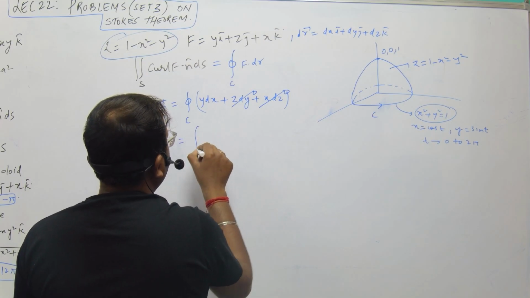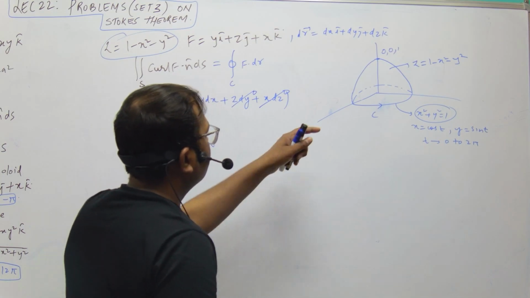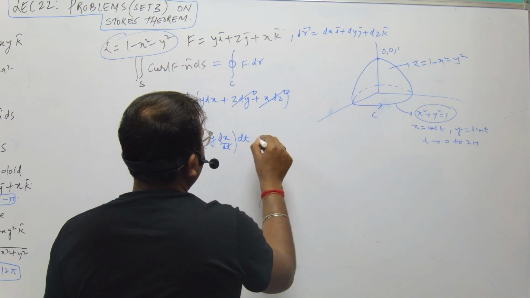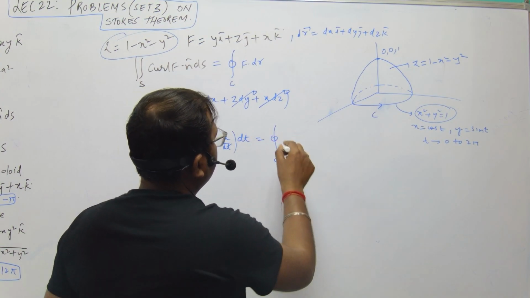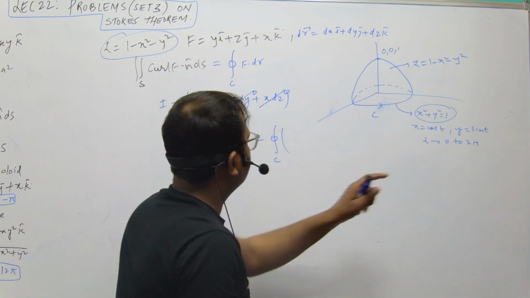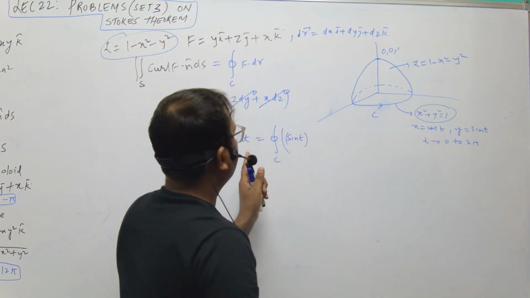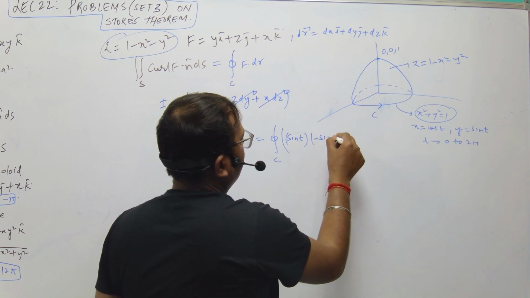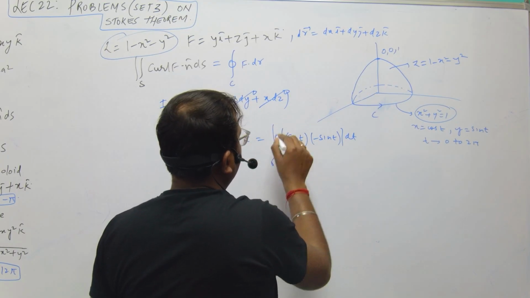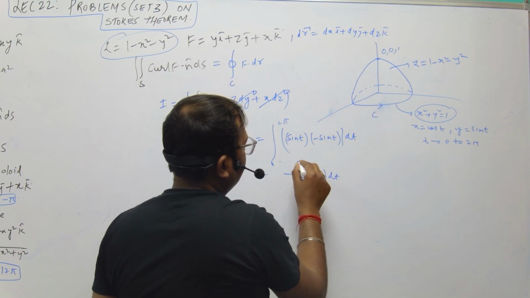We have to represent this in parametric form, so let us divide by dt and multiply by dt. So along the curve C, y is sin t, and dx upon dt is minus sin t, into dt, with limits 0 to 2 pi. So this is equal to minus sin square t into dt, from 0 to 2 pi.